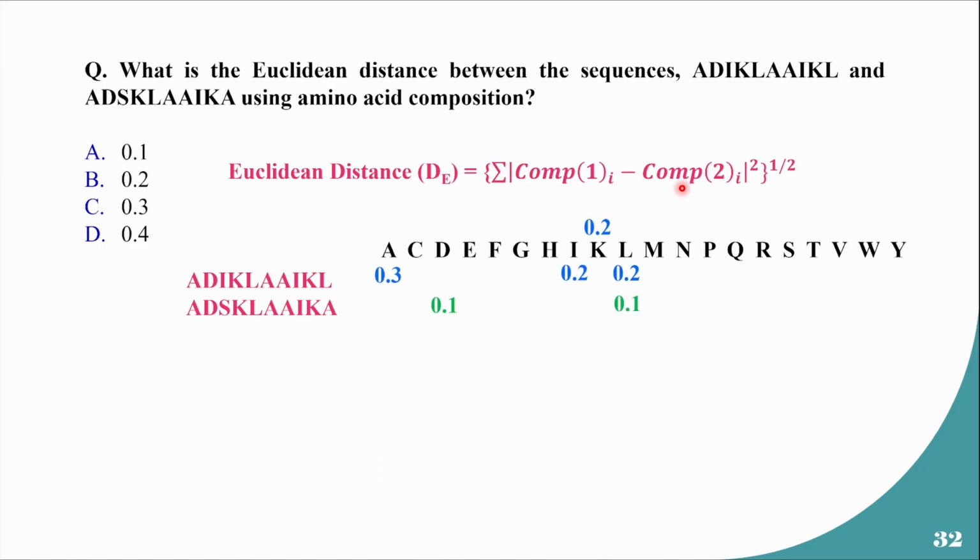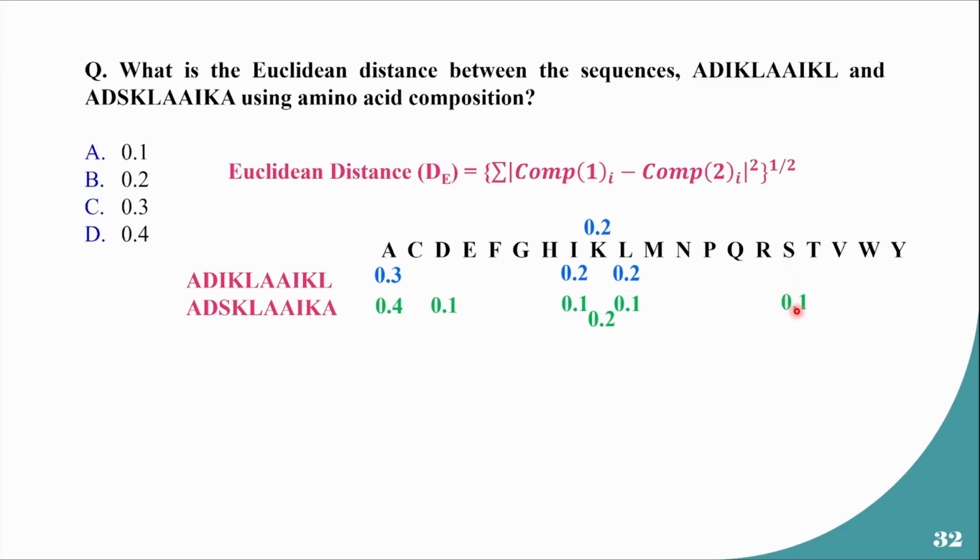If you calculate for all of the values here, you will see differences in some cases. For example, in alanine you see a 0.1 difference. For aspartate, it was not present in sequence 1, but it had a 0.1 value in sequence 2. Sorry, the aspartate was actually present, and the difference was 0.1 again. For isoleucine, you have 0.1. Lysine is the same. Leucine is 0.1.